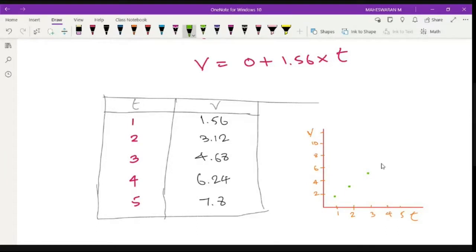So 4 is 6.24 and 5 is 7.8. You just plot it, you will get a graph, something like an inclined line. That's it. That's enough, you don't go for more than this. Only 4 or 5 readings is enough.